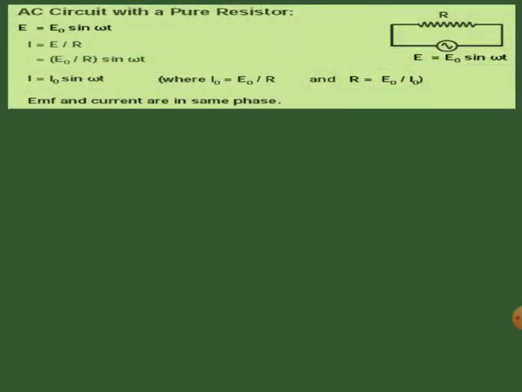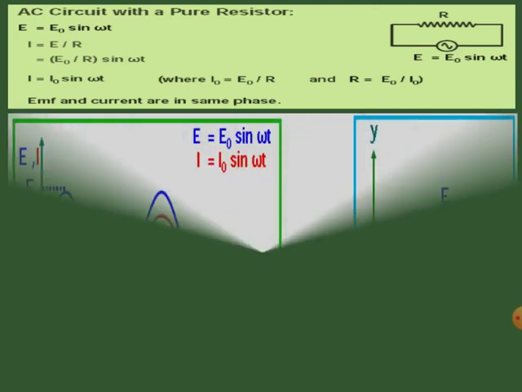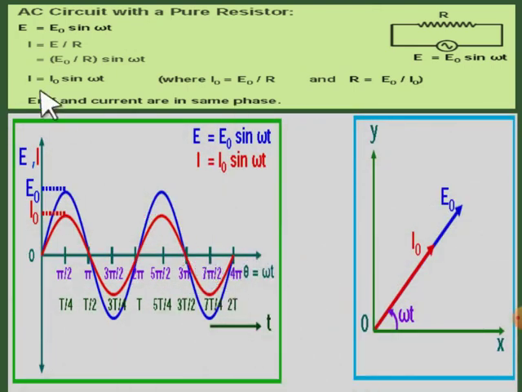Now I'm just giving you again the same equations, so as to make you understand when we go further. That means your instantaneous EMF and instantaneous current are again written here.